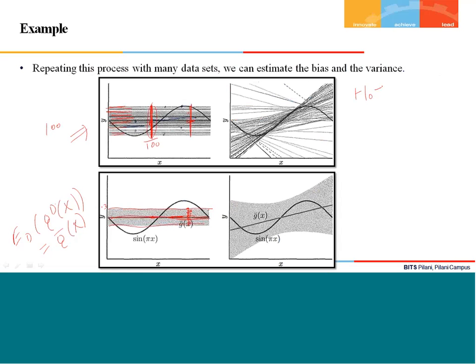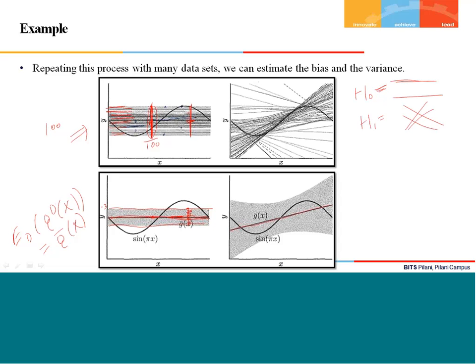H0 is a more restrictive model because I have zero degrees of freedom. I can have only a constant line. But when I increase the degree of freedom from H0 to H1, now I can have any line in any direction, right? Now the mean is very close to the true function with respect to H0.